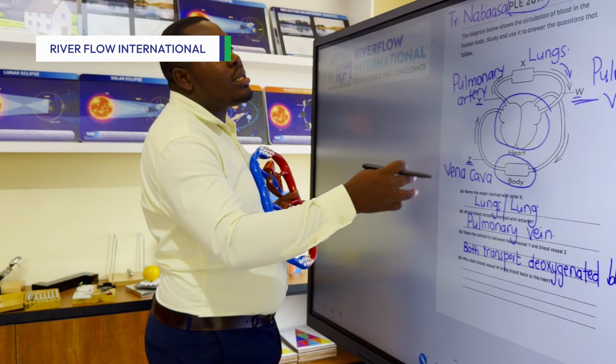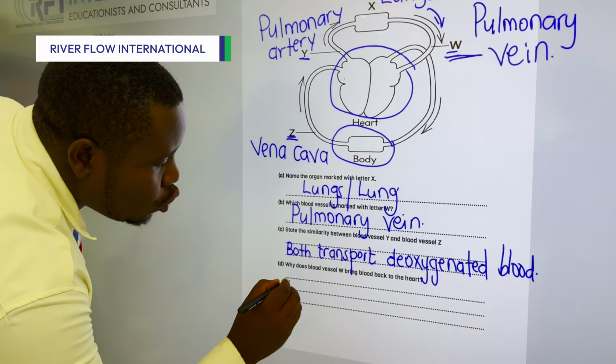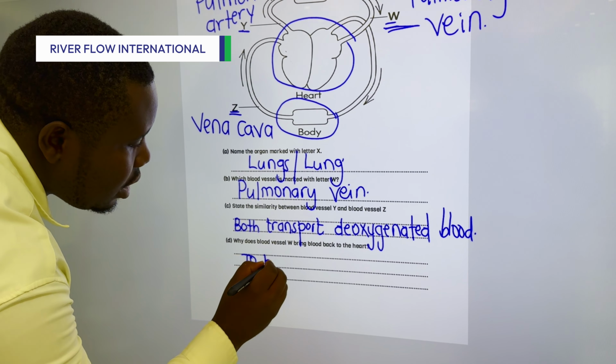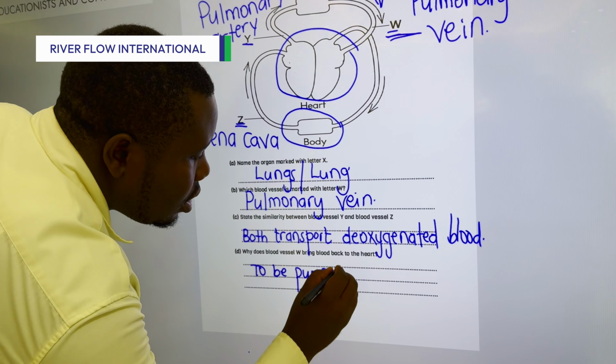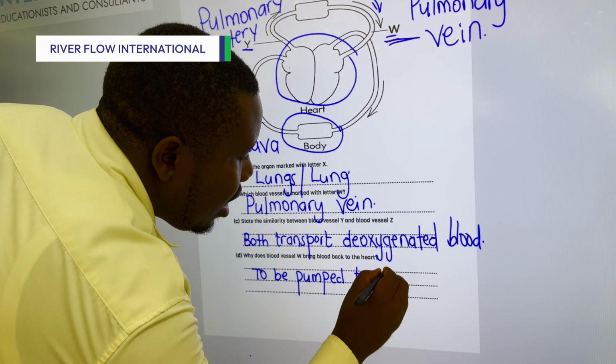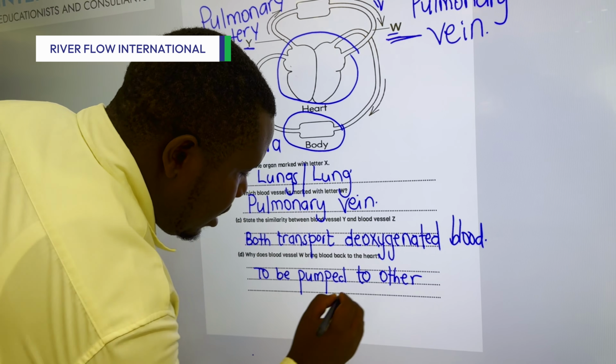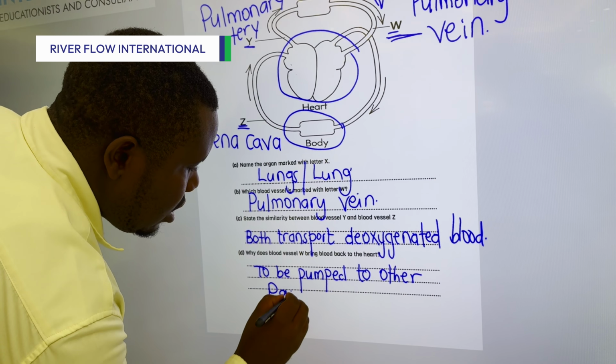And therefore, why this blood has to come back here is to be pumped to other parts of the body.